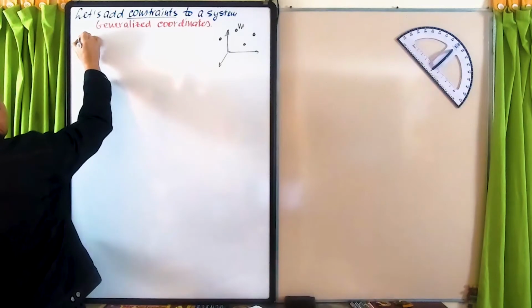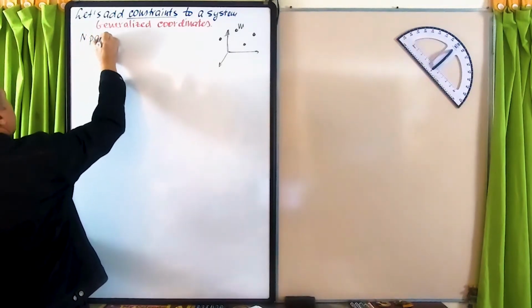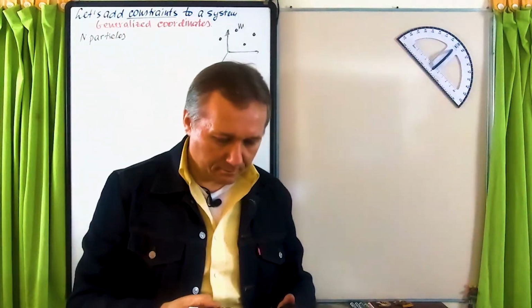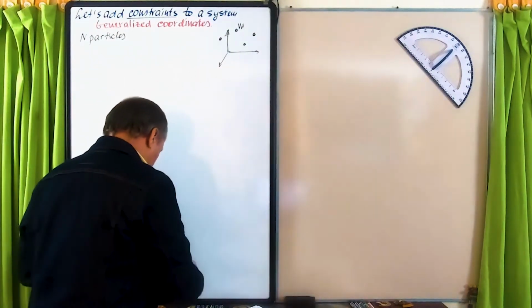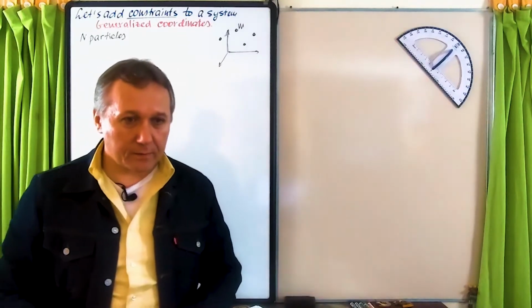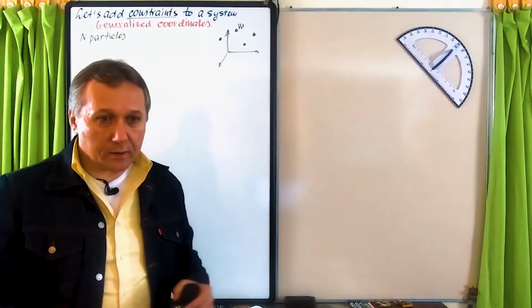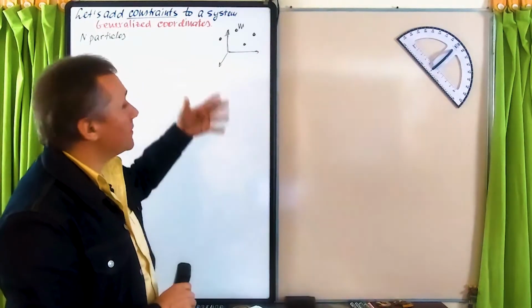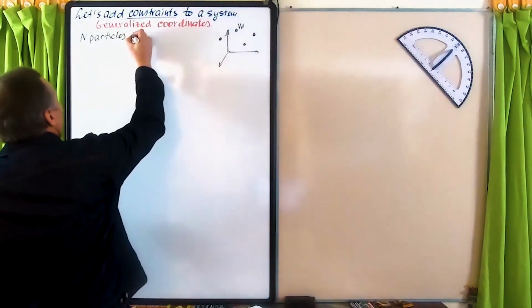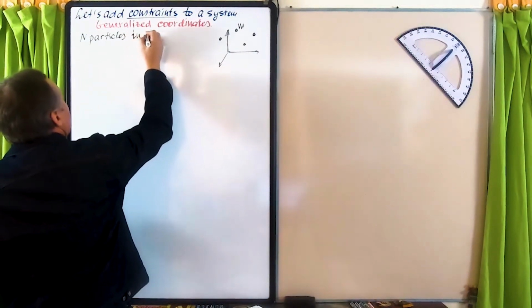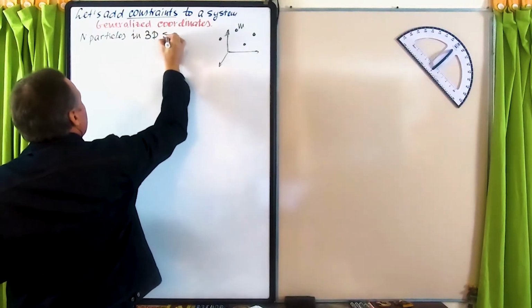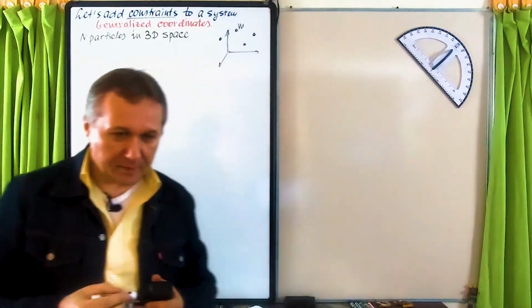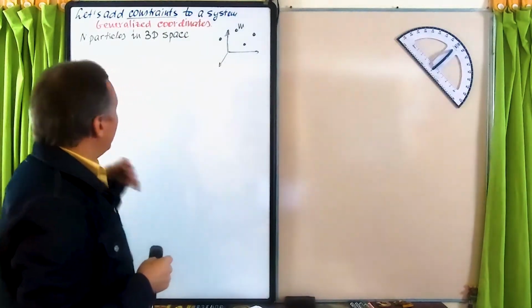Let's assume that we have n particles. If there are no constraints, and this is three-dimensional space. Okay, let me add n particles in 3D space. I will just press harder on the marker, it will get better very soon. So n particles in 3D space.